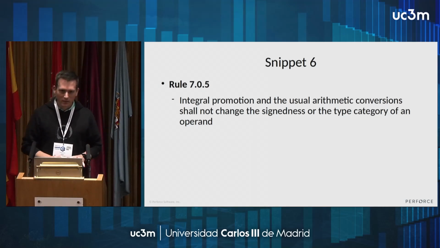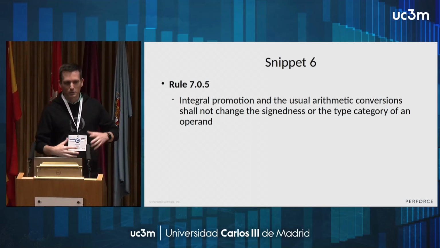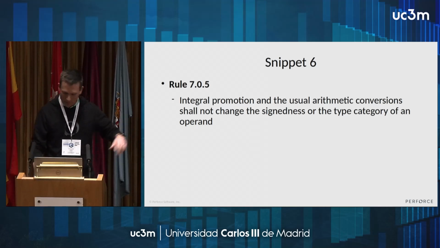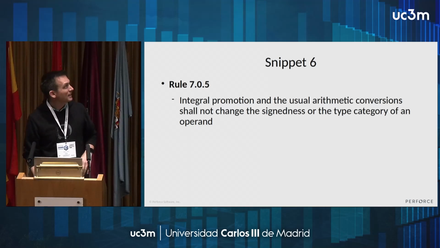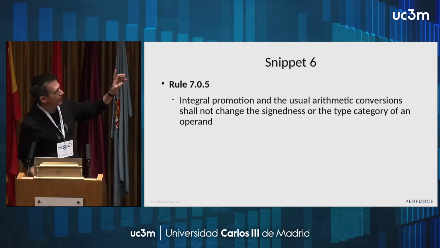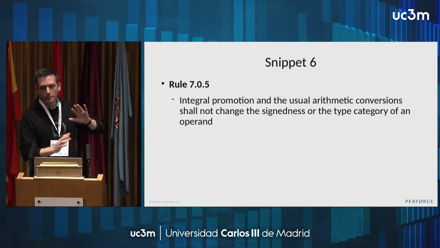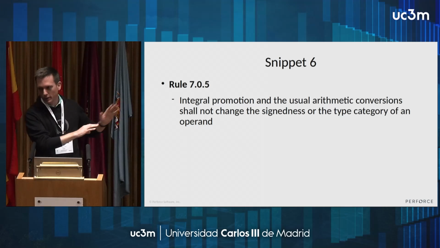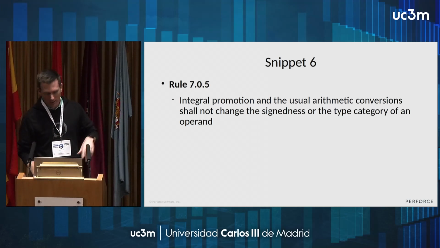So this one is going to be interesting for those of you who've used or are using AutoSAR and the previous MISRA C++. Oh, sorry, I should just point out, by the way, type category would be floating point to integral or character to integral. That doesn't apply, like the example I'm showing here has no type category changes, so you can ignore that bit.